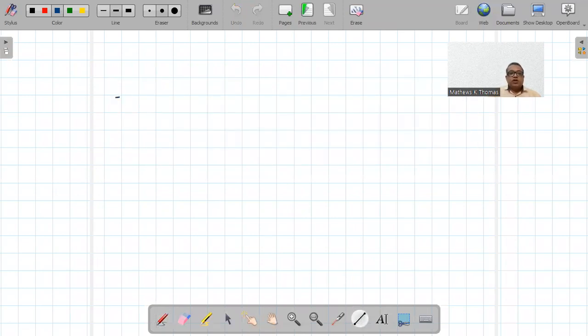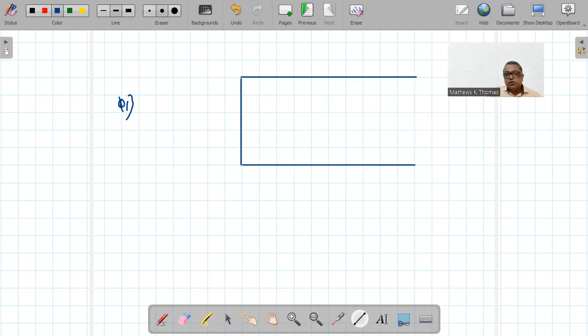So for question number 1, we are assuming that this is our table lamp. Now you are keeping your table lamp somewhere and we have to explain this position to another person, right?